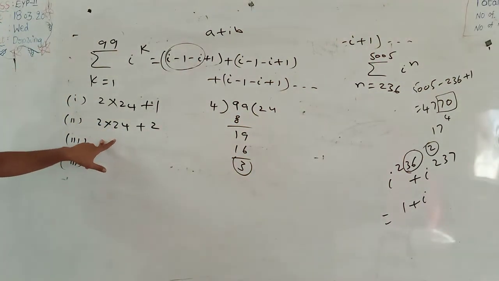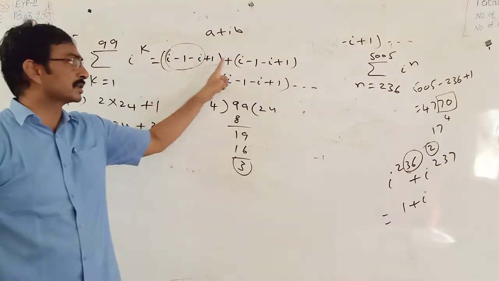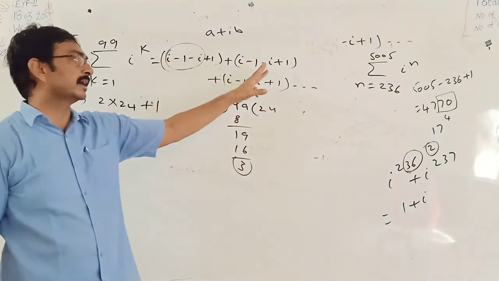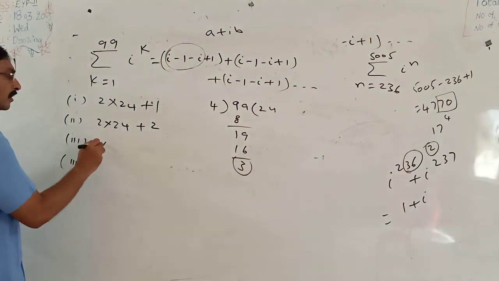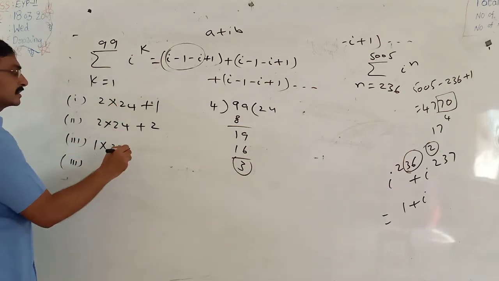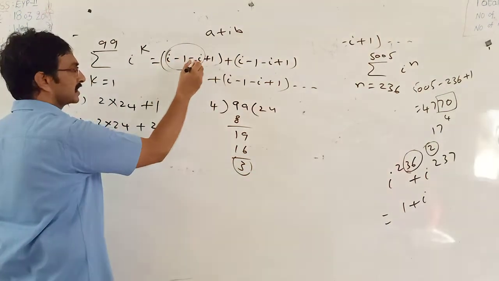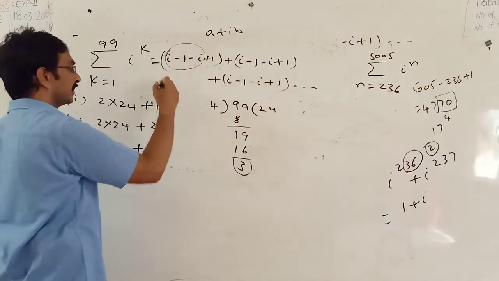Next, number of positive. In each bracket there is only one positive, one positive, one positive and so on. In each bracket there is only one positive number, therefore 1 into 24 brackets plus last 3 numbers are I, minus 1, minus I. In these 3 there is no positive real number.